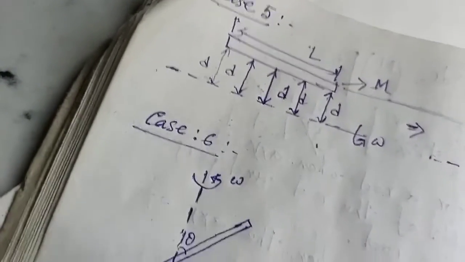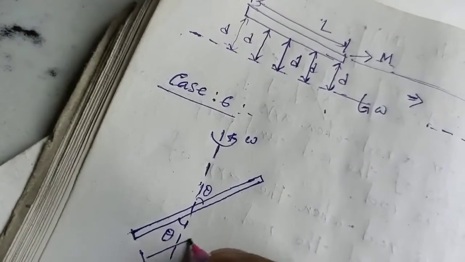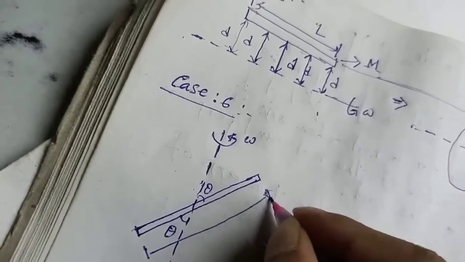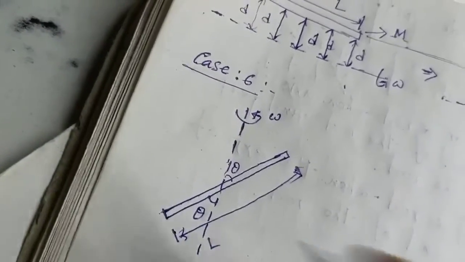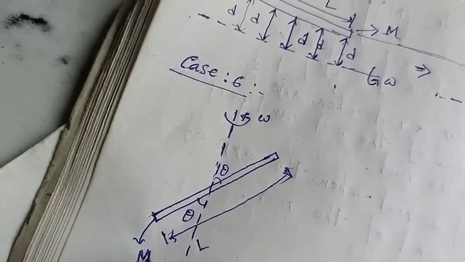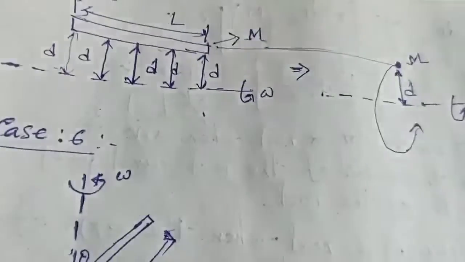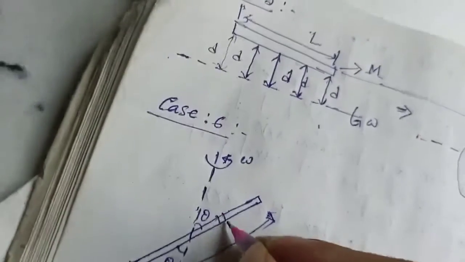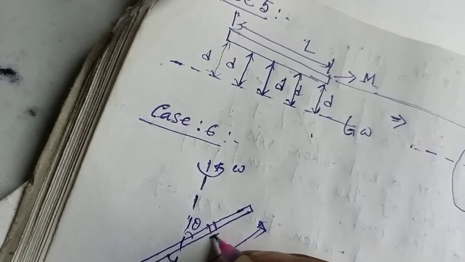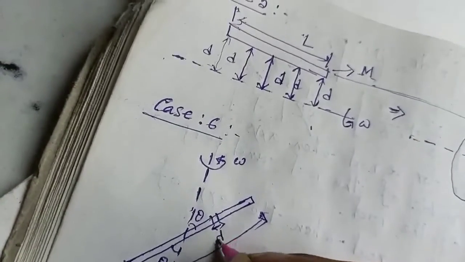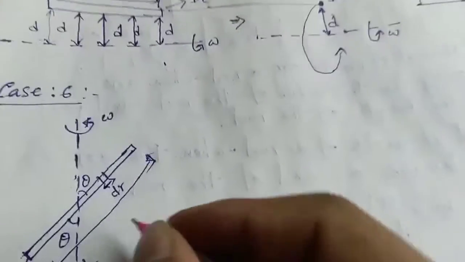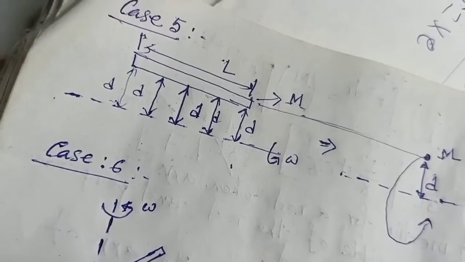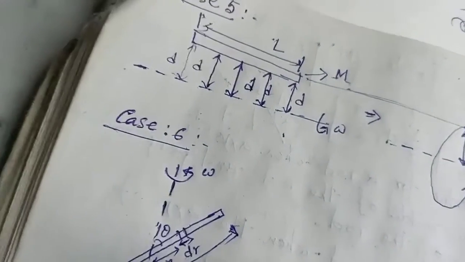In this case, what will be the moment of inertia of the rod, if the length of the rod is L and the mass of the rod is m? For this situation, we will take a small element in the previous way, of thickness dr at a distance r from the axis.